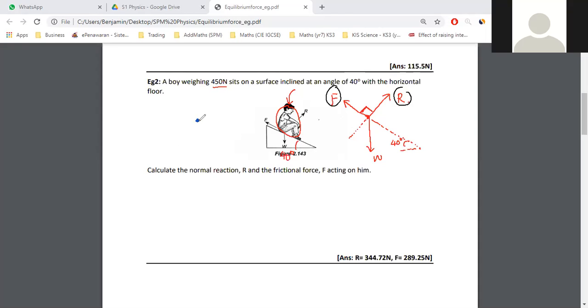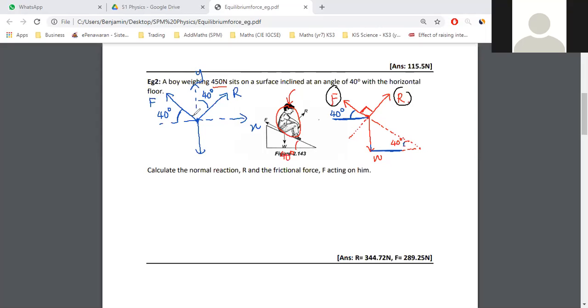For the force system, you have to put the angle in. So W, we first draw the x and y axes, then the reaction R and this is F. If this is 40 degrees, and if I draw a line here, this is also 40 degrees. So here is 40. Here is also 40. Why?